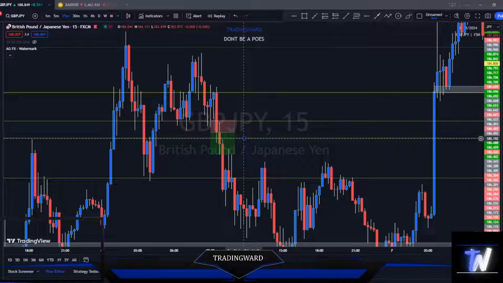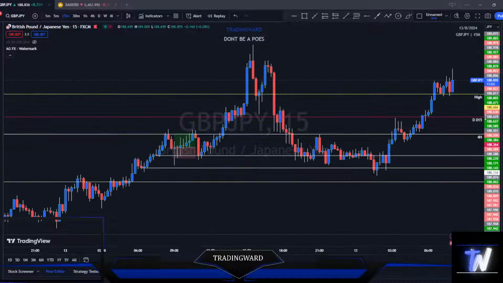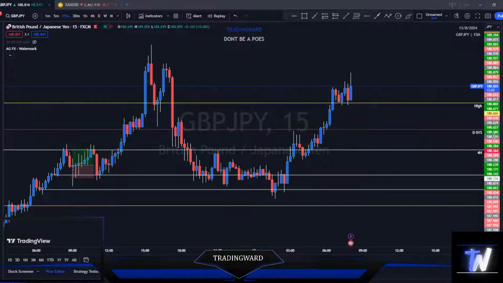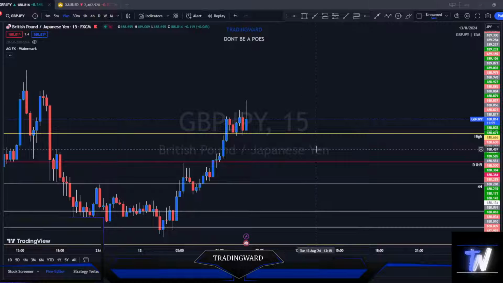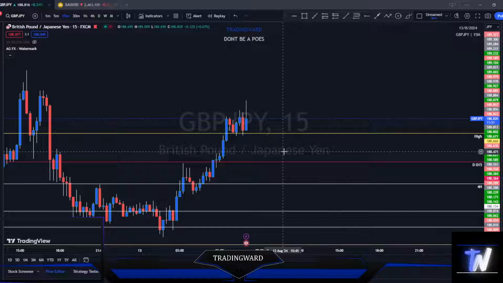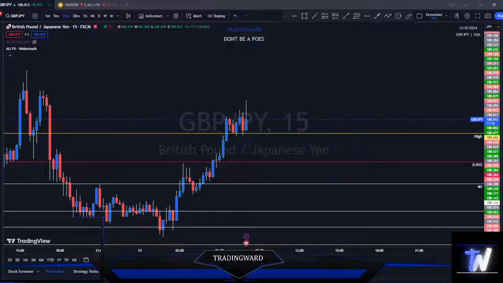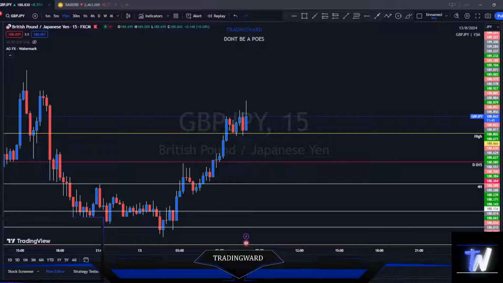But okay. Because it came to an hourly area, but it obviously didn't create a double top on your 15-minute. So then you have to wait for the hourly to give you the setup.